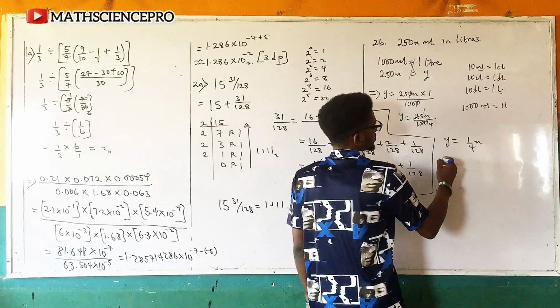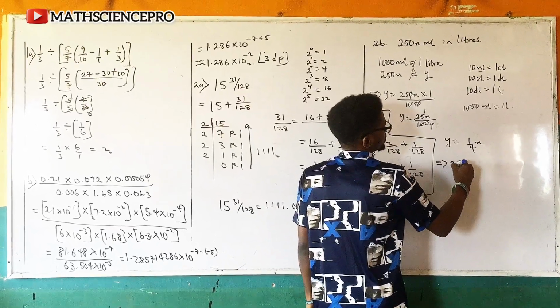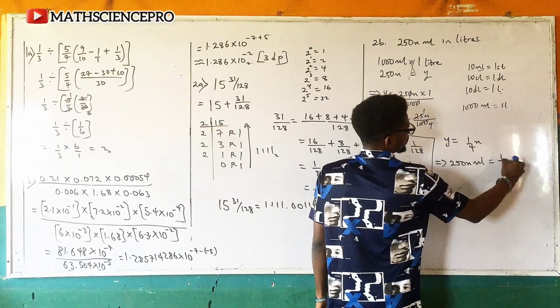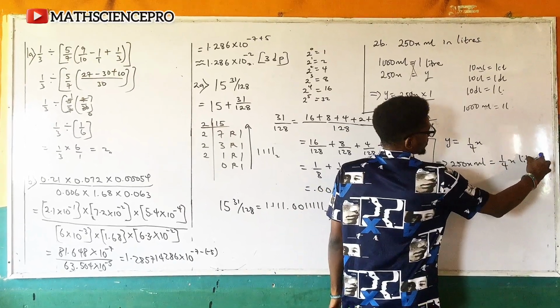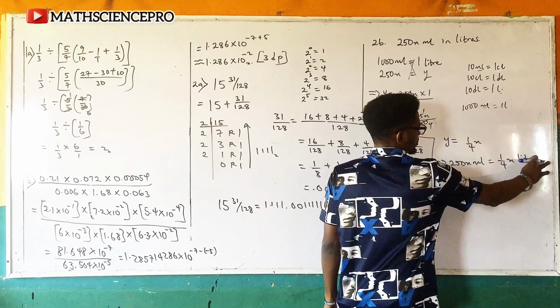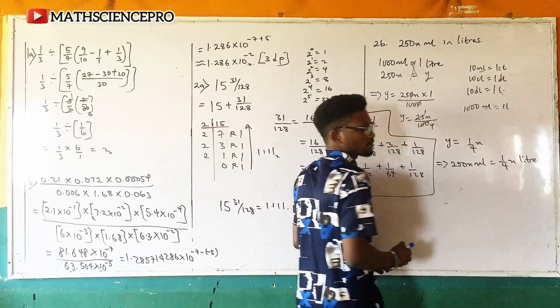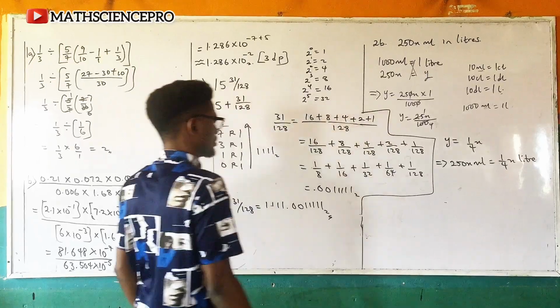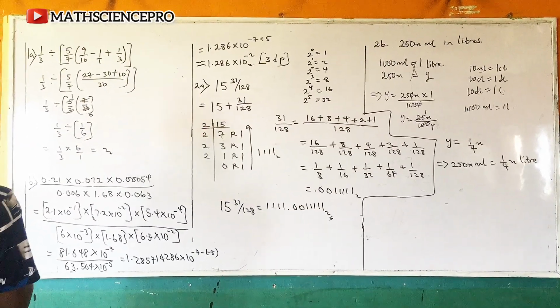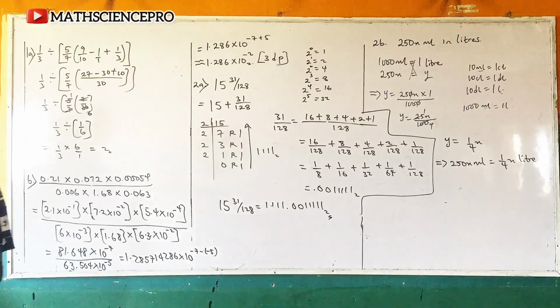So I can say this implies 250x milliliter equals 1 over 4x liters. It's not up to 1, so that's just liter. Alright, so that is that. I'm going to be cleaning up this side and I will go to the next question.